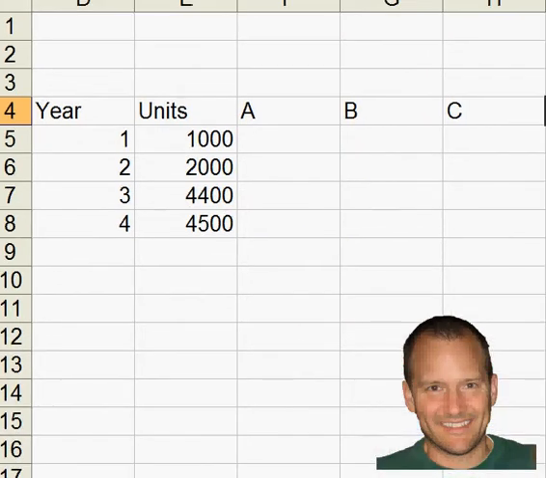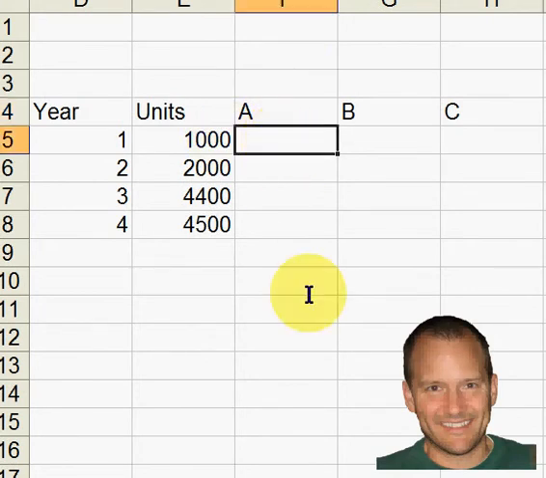Okay, so we know that our profit formula for any of these classic profit examples is going to be our contribution margin, which in the case of A, if you remember, our sales price was $500, our variable cost per unit was $300, which makes it $200. We're going to multiply the $200 times 1,000 units. Well, in this case, why don't we just point that right over here, and we'll lock that down so we can copy it across to the right.